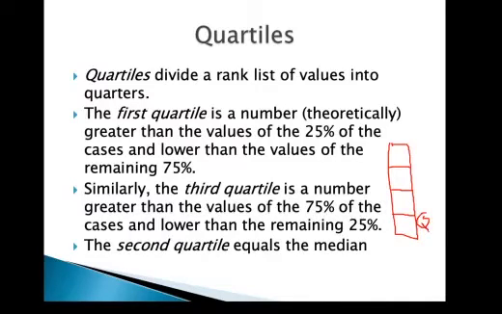This first quartile will be that value that is higher than 25% of cases but lower than the rest, the 75% of cases.